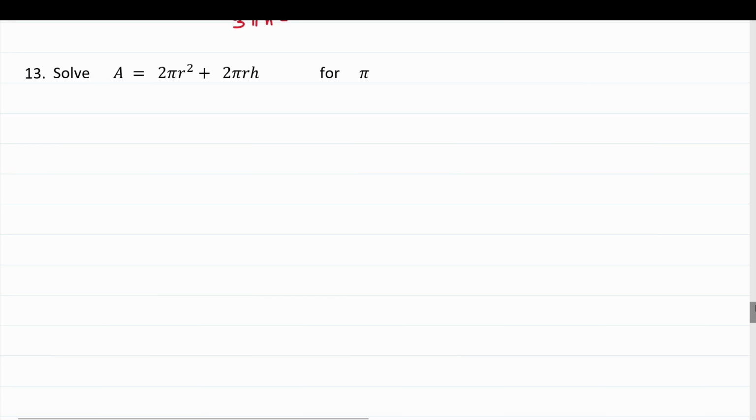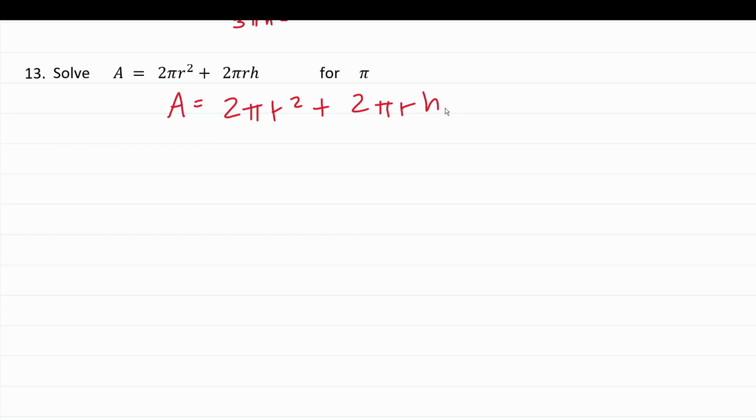And the final problem in this video says solve for pi when given A equals 2 pi r squared plus 2 pi r h. All right, so let's go ahead and work on doing that. To start this one, I'm going to copy it down. We have area equals 2 pi r squared plus 2 pi r h.